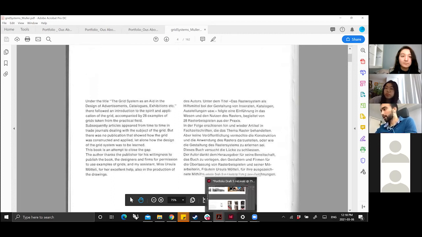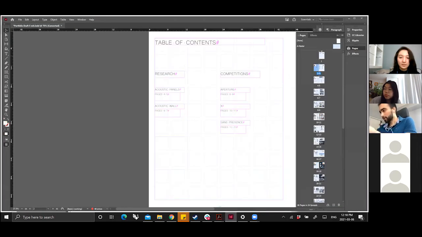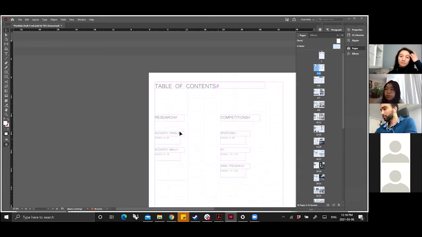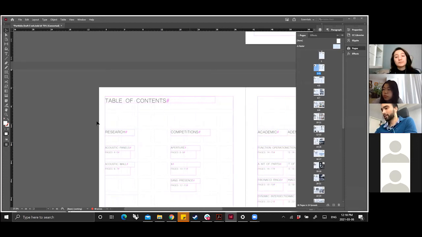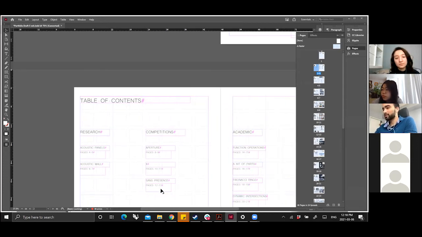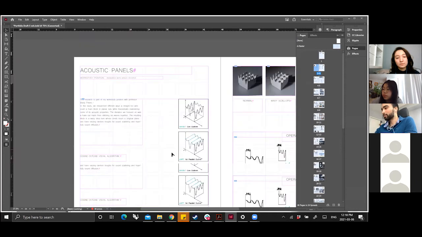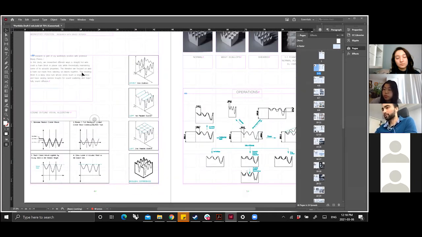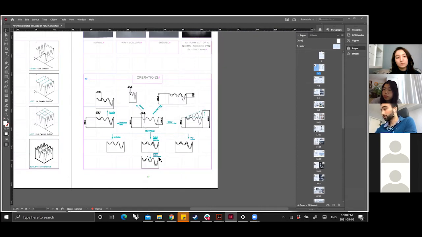What I did was create a template with my own grid system based on his interpretation. I divide the page into small squares, and these small squares make larger squares. This makes my life easier when organizing pictures and text. I can easily put my text here, and put my images within one square, and if I have a larger image, I can fit it within larger squares.